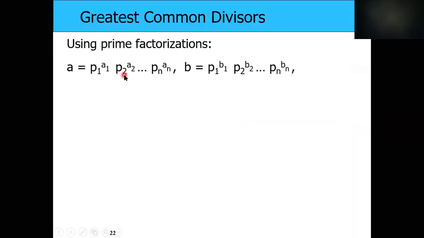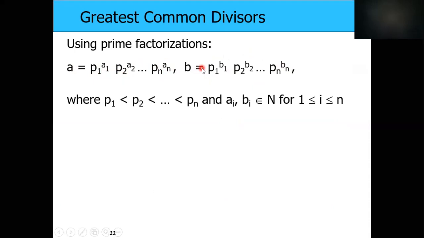I mean to say, if A is any composite number, it can be written as a product of powers of primes: P1 to the power A1, P2 to the power A2, up to Pn to the power An. B can also be written as a product of powers of primes, where P1 is less than P2, P2 is less than P3, and so on up to Pn.